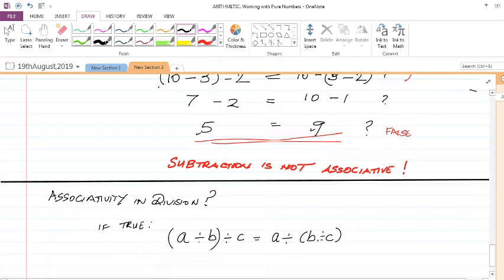If it is true that division is associative, then it doesn't matter which order I do that string of operations, I should get the same result.